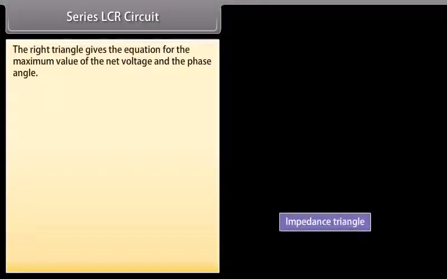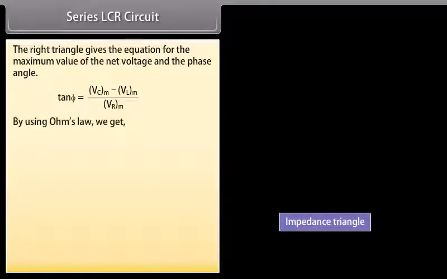The right triangle gives the equation for the maximum value of the net voltage and the phase angle. Tan phi is equal to (VCm minus VLm) upon VRm.